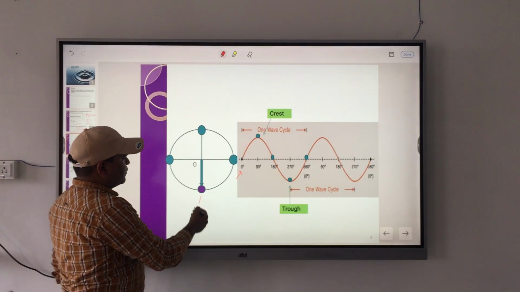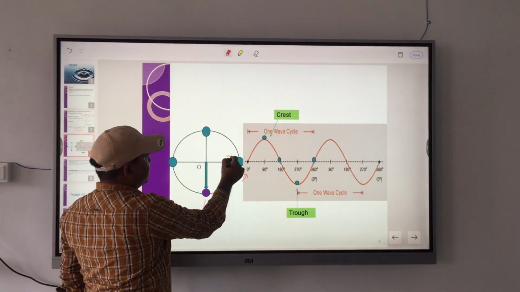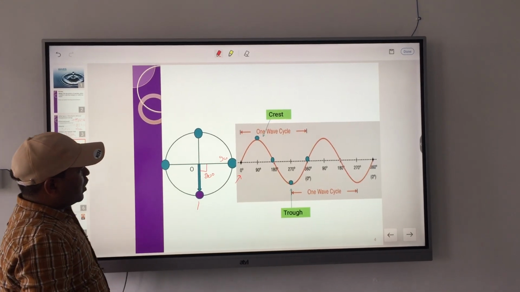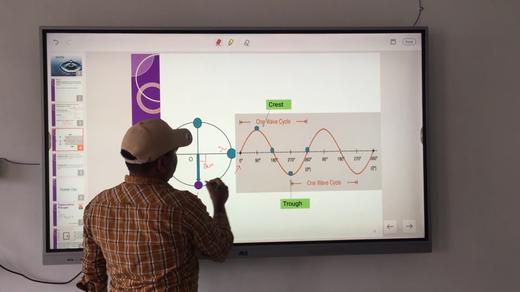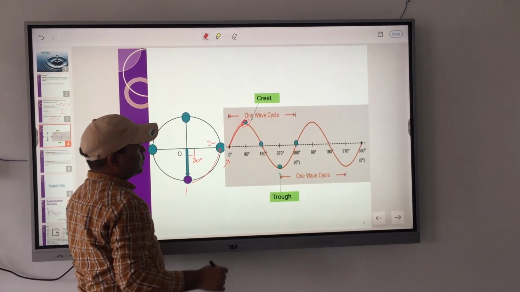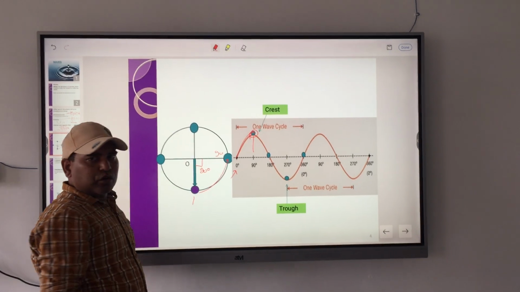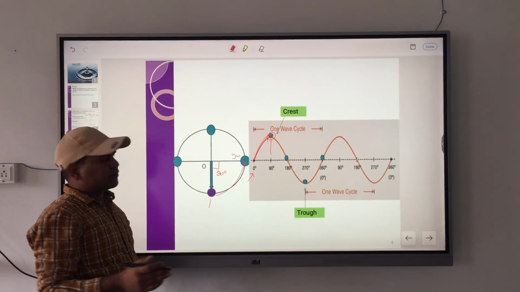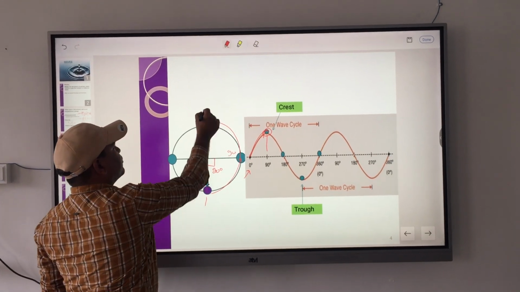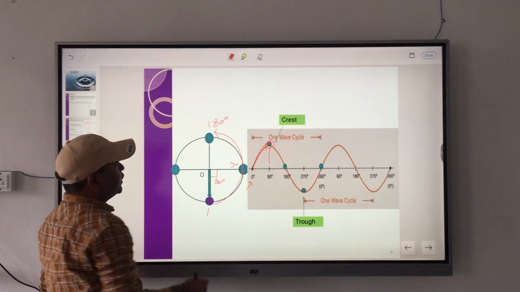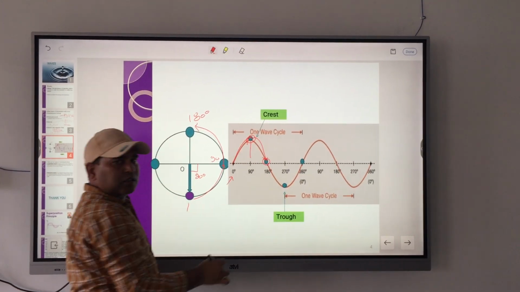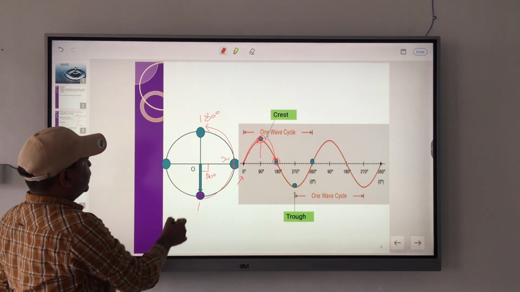Right? If we move our simple pendulum to 90 degrees, so this angle is 90 degrees. So it means one quarter of our wave is created at the 90 degree angle. If we move to 180 degrees, then our wave reaches 180 degrees, and after that 270 degrees.